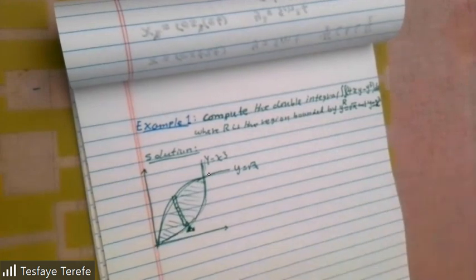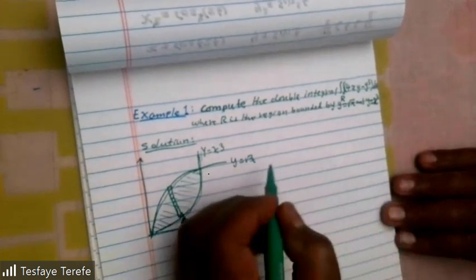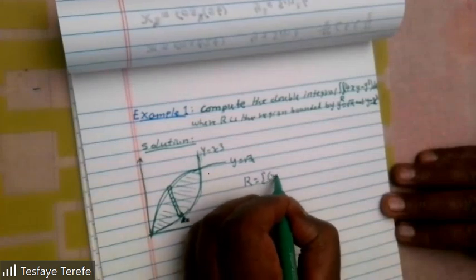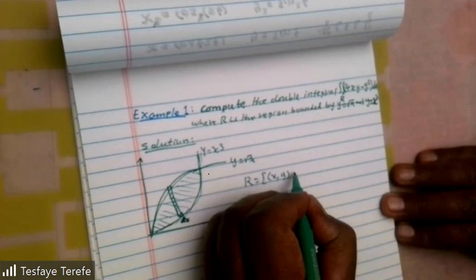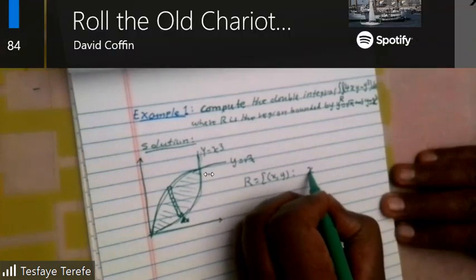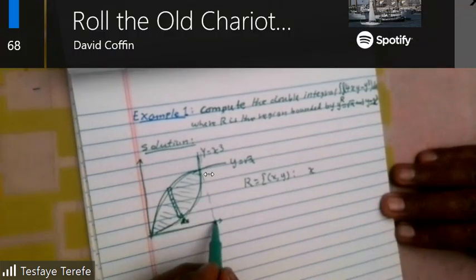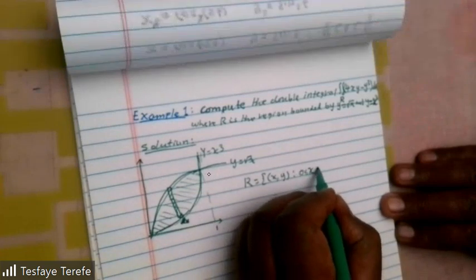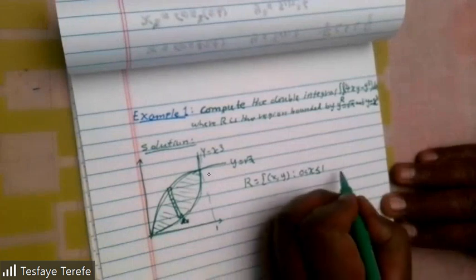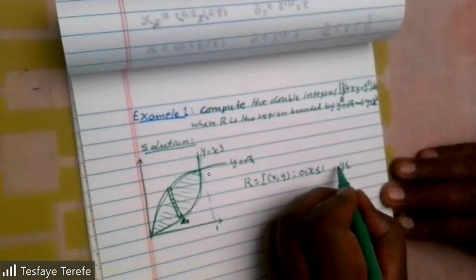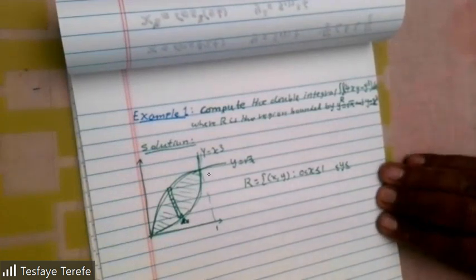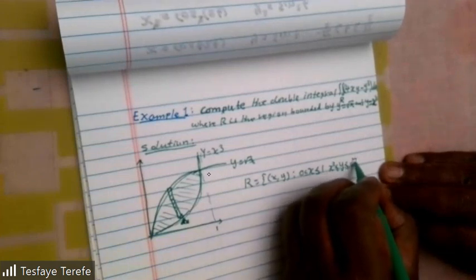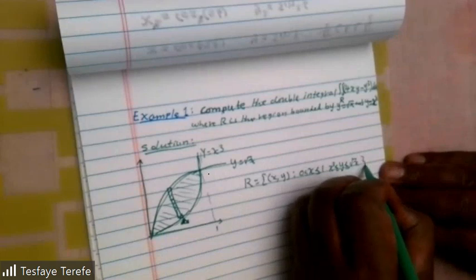So we have to write the region as the set of ordered pairs such that x is changing from 0 to 1, and y is changing from x cubed to square root of x. And this is it.